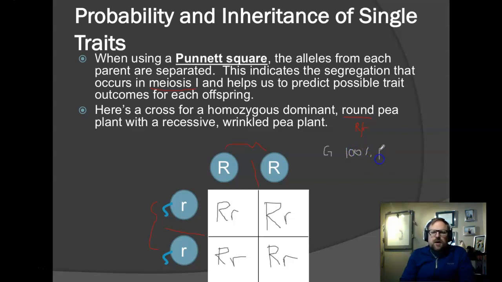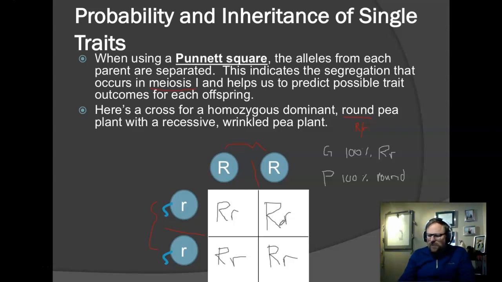For our genotype, the offspring would be 100% big R, little r. And our phenotypic ratio would be that they are 100% round. There's no real ratio here. I hope that makes sense and where that came from. Okay, so those are the ratios.